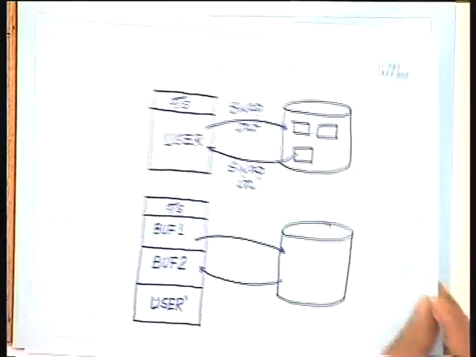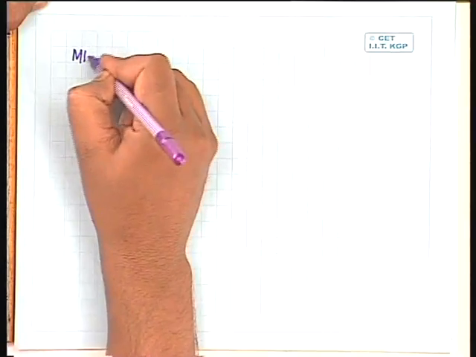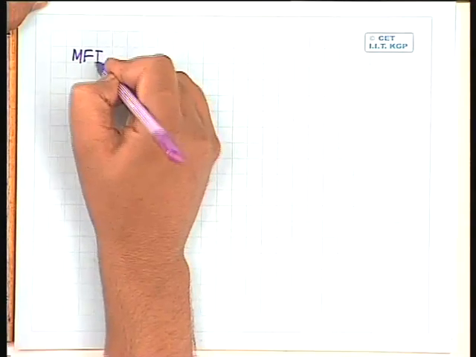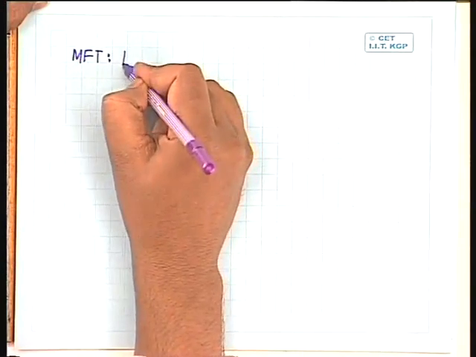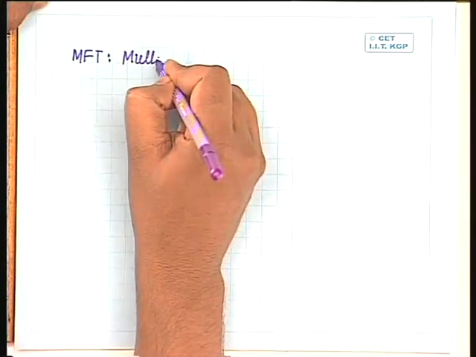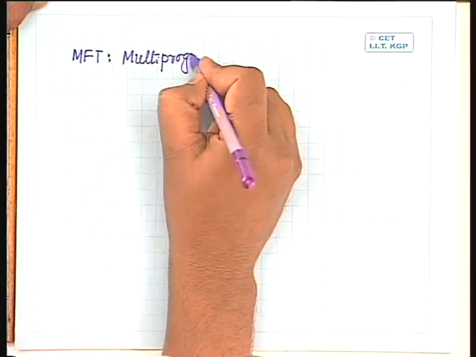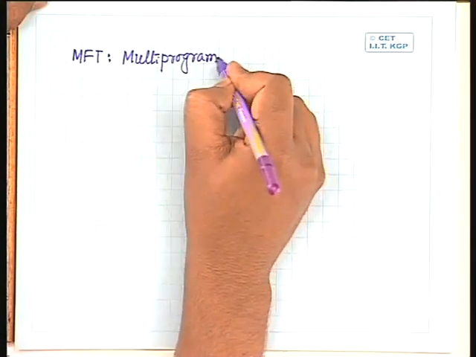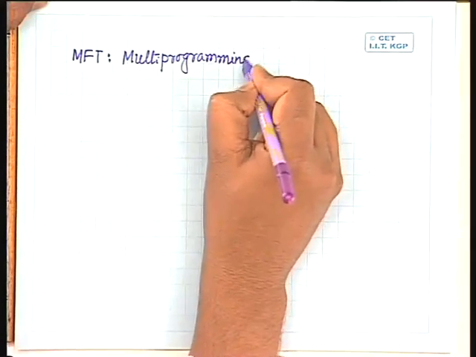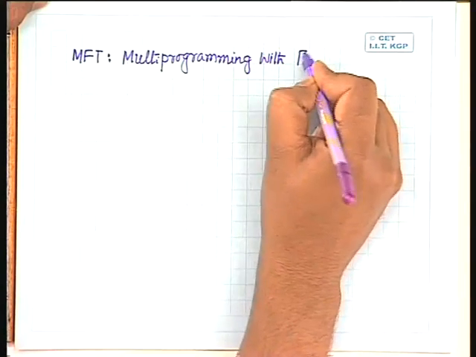The next memory configuration that was thought of, which was an improvement over this, is what is called MFT, which means multi-programming with fixed number of tasks.